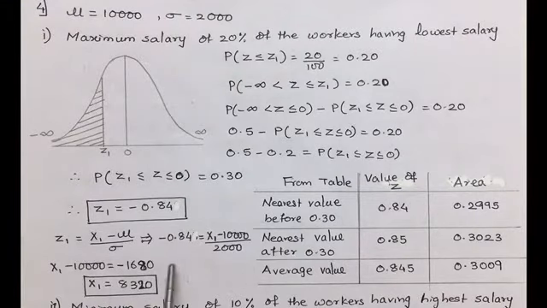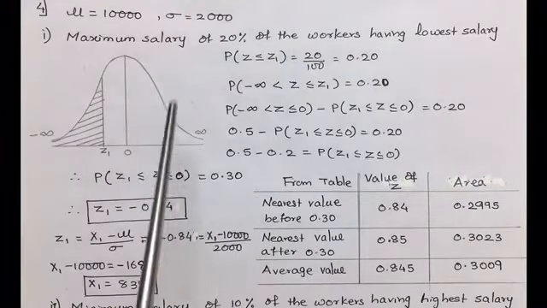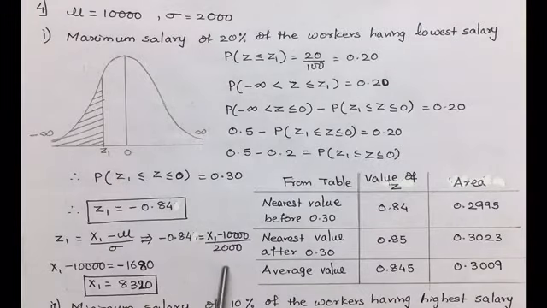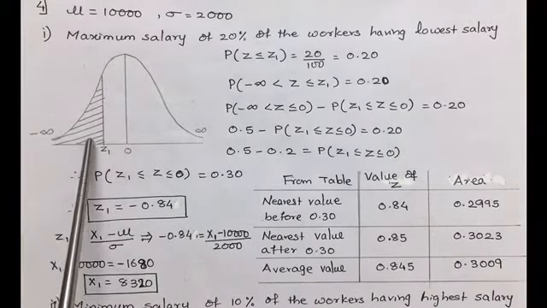Putting all the values, Z1 value as minus 0.84, keeping the value of mu as 10,000, sigma as 2,000. Going for the cross multiplication and solving for x1, the x1 value is 8320. So this is the highest limit or the maximum salary for the workers having lowest salary.